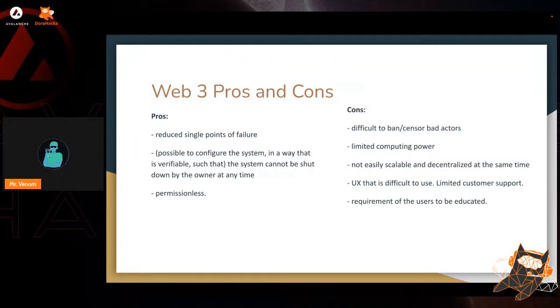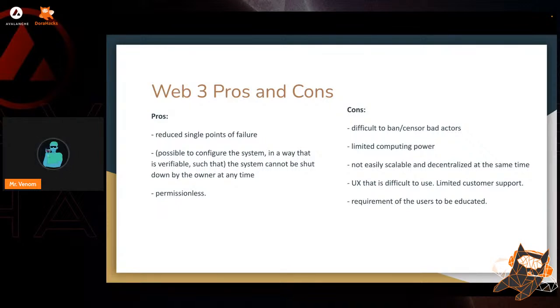So if you have a decentralized exchange, you cannot censor. Basically, you cannot restrict anyone from using your exchange. And then you have limited computing power because things are running on the smart contract.